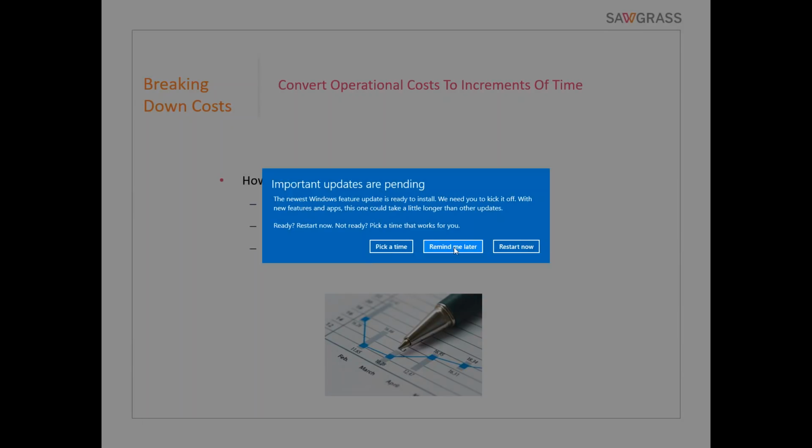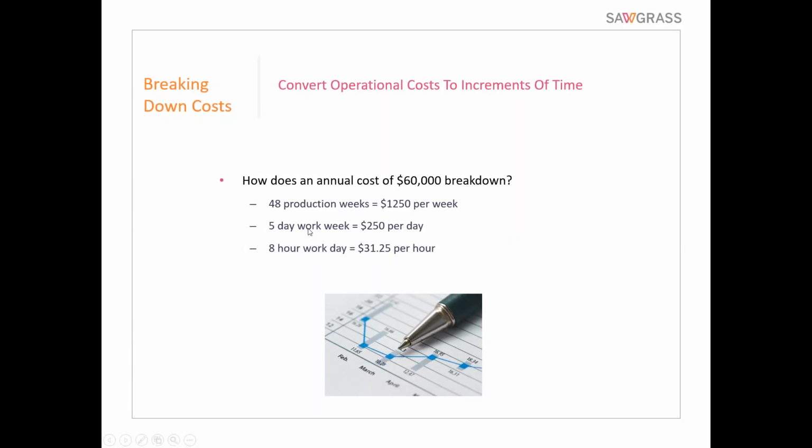And a 5-day work week, that's $250 per day. With an 8-hour work day, it's $31.25 per hour. That's how it breaks down. You took a big number that you couldn't do much with and put it into a number that's very workable when you start looking at how many pieces per hour you can generate.